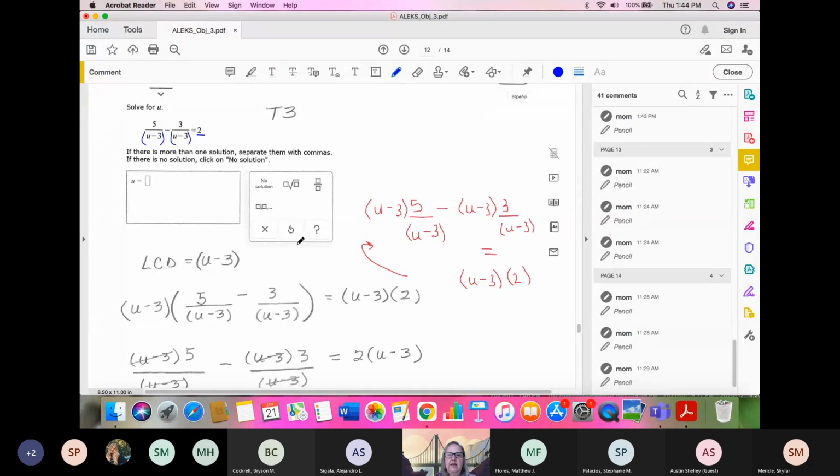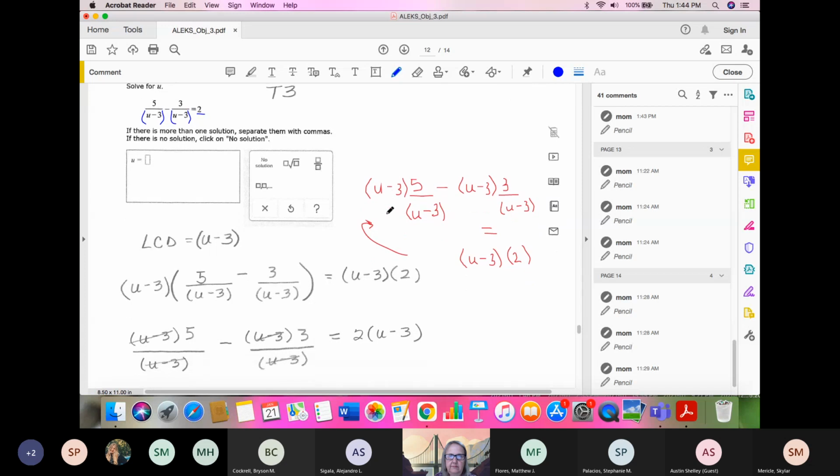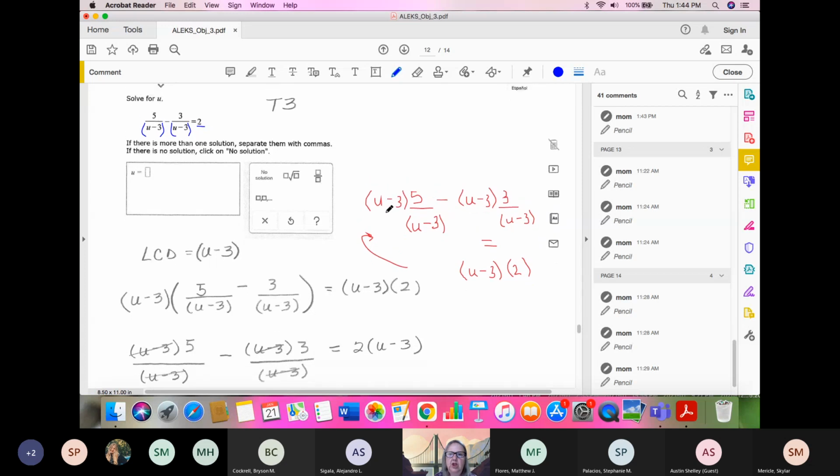So this is a little visual that I created just over here to show you what happens if you have just a single u minus 3 that you are using. What's going to happen is that single u minus 3, you're going to multiply it times this term, times this term.